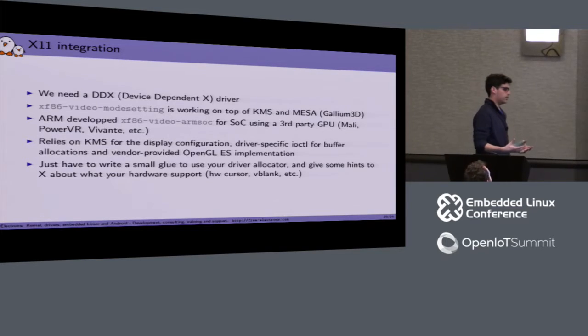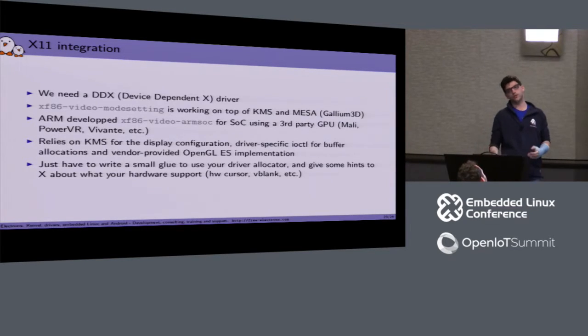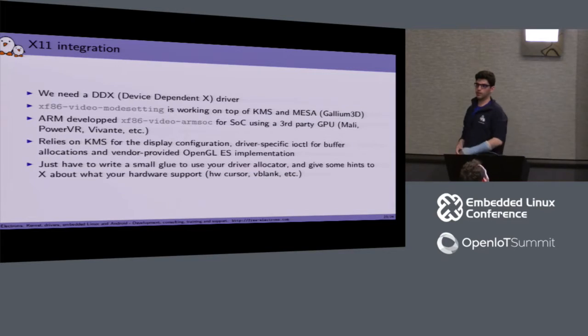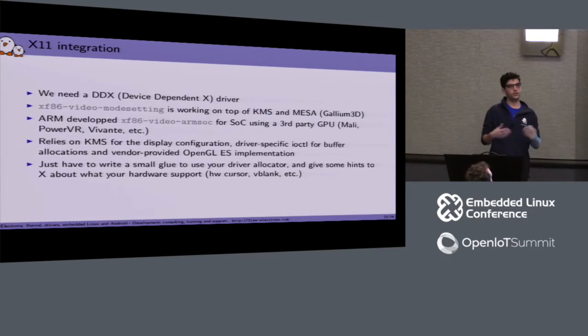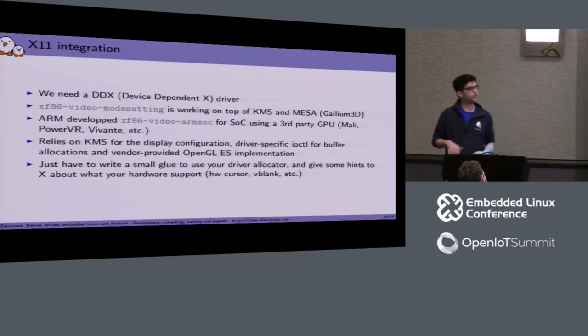Once you have that GPL driver running, you put the blob in there, and you need some X11 magic to be able to use your GPU, and your display driver, obviously.